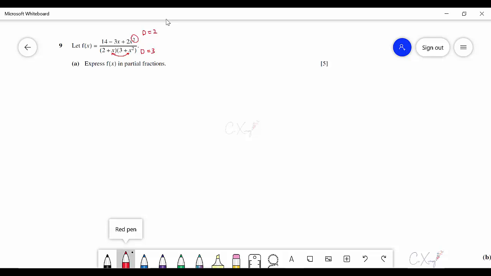This means it is a proper fraction. For proper fractions, you can straight away separate into partial fractions. So let's start. We have 14 minus 3x plus 2x squared over 2 plus x with this.